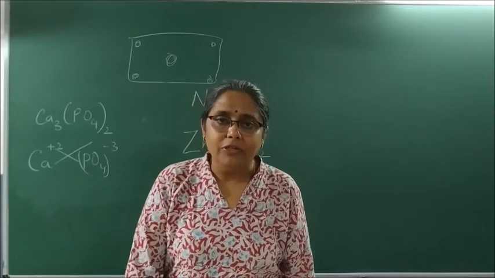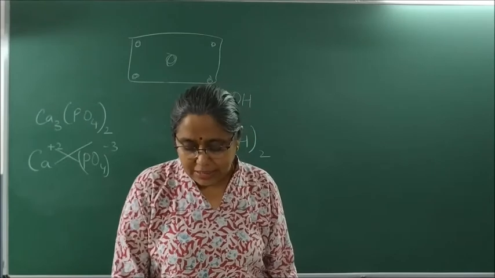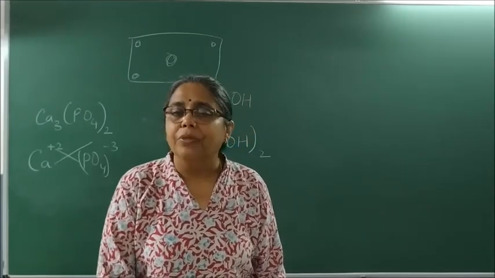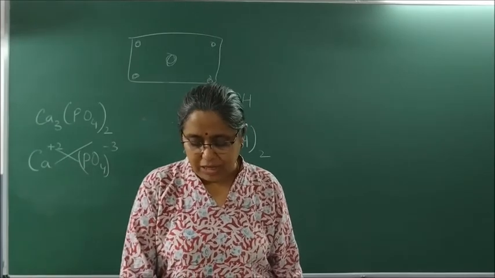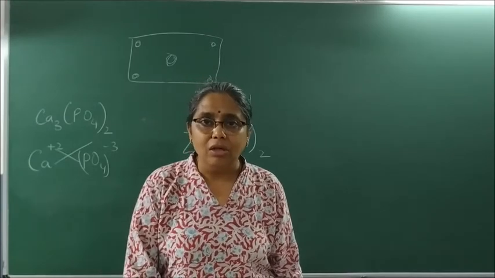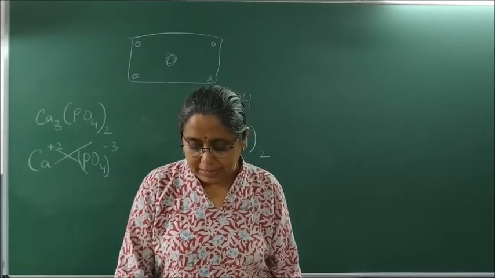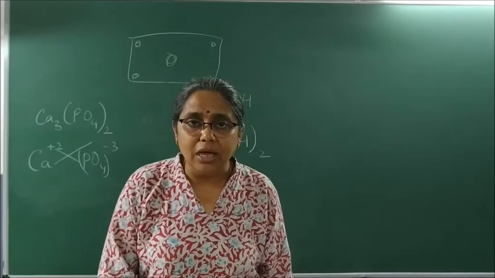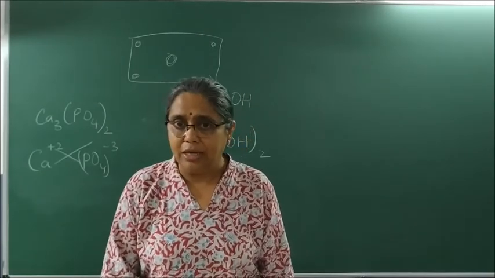This table, which is 2.3, is very important. It tells you the substance and the acid present in it. Vinegar has acetic acid, orange has citric acid, tamarind has tartaric acid, tomato has oxalic acid, sour milk or curd has lactic acid, lemon has citric acid, ant sting has methanoic acid, and nettle sting has methanoic acid.